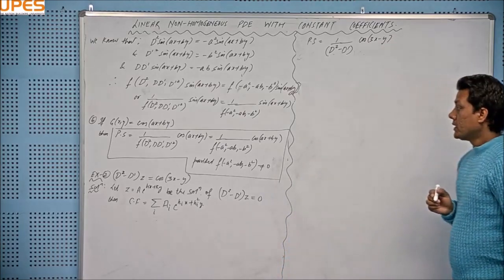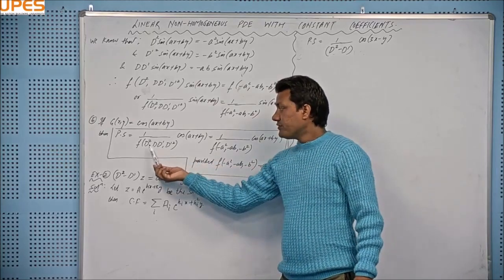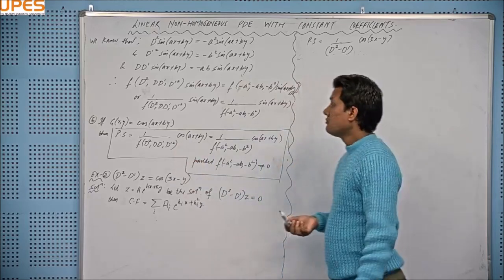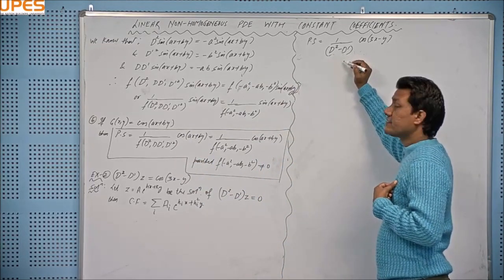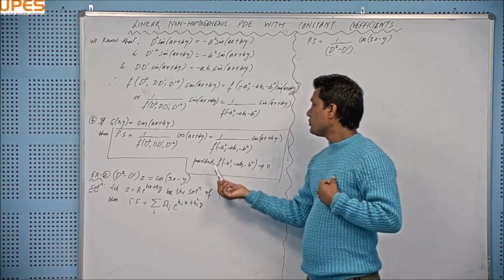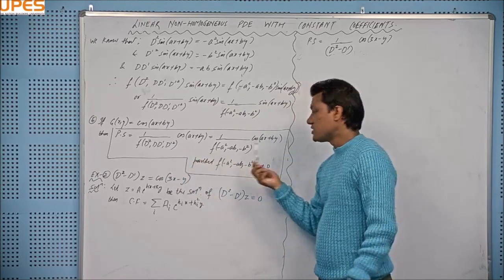Now see this formula. The formula needs D square, DD dash and D dash square terms in the denominator. But here we have D square, that is fine, but we have D dash. This formula tells us that D square should be replaced by minus a square, DD dash with minus ab, and D dash square with minus b square.